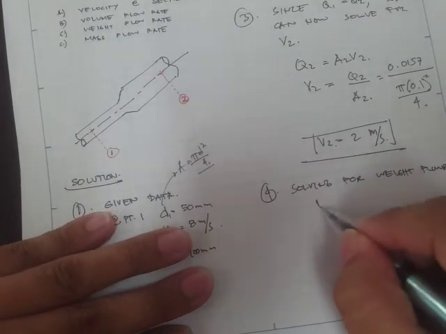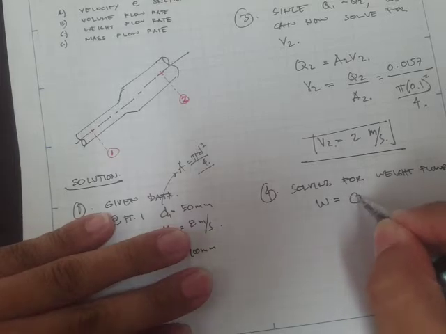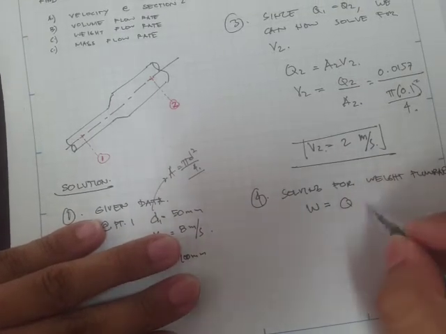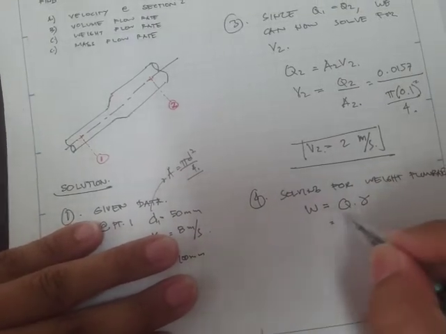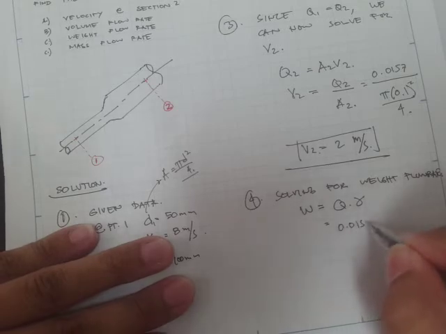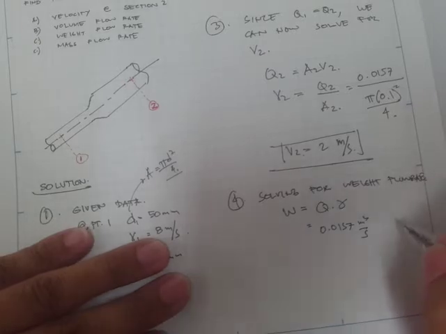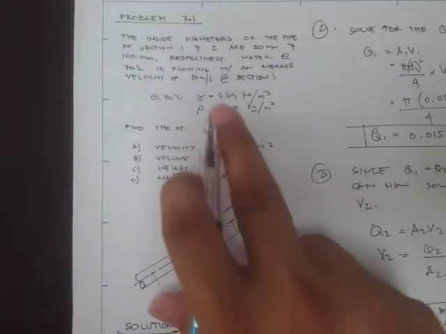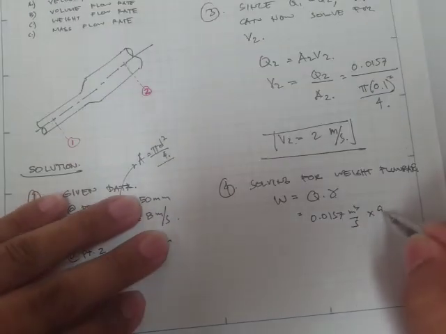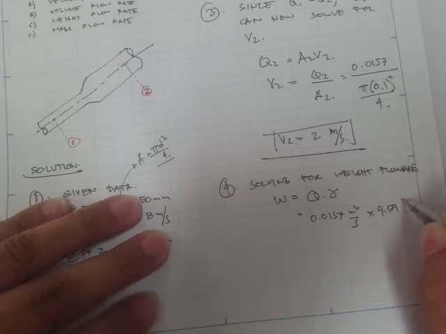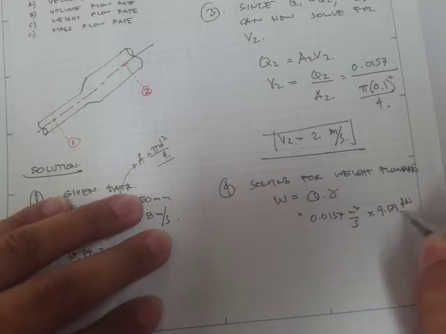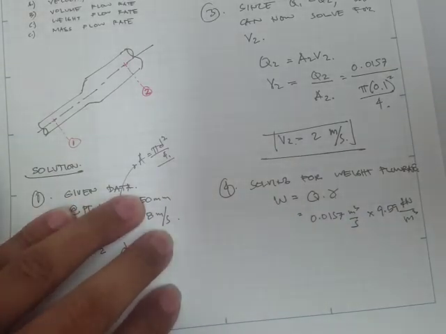Okay, so weight is just simply our discharge times the unit weight. So this is 0.0157 meter cube per second times our unit weight, which is 9.59 kilonewtons per meter cube.